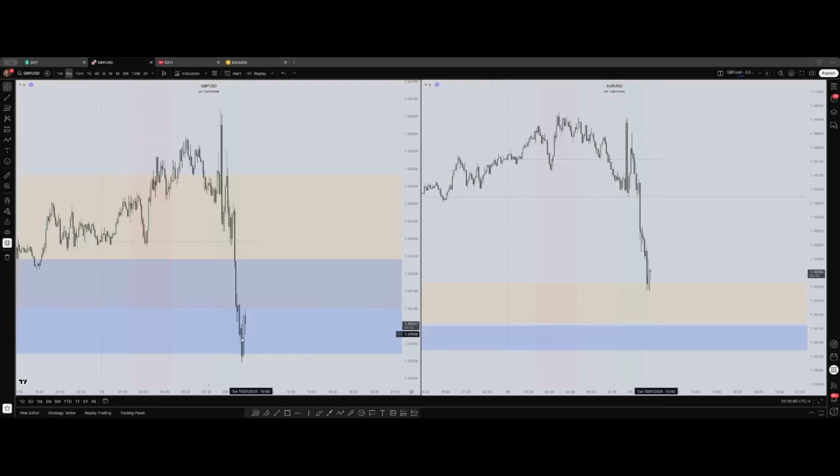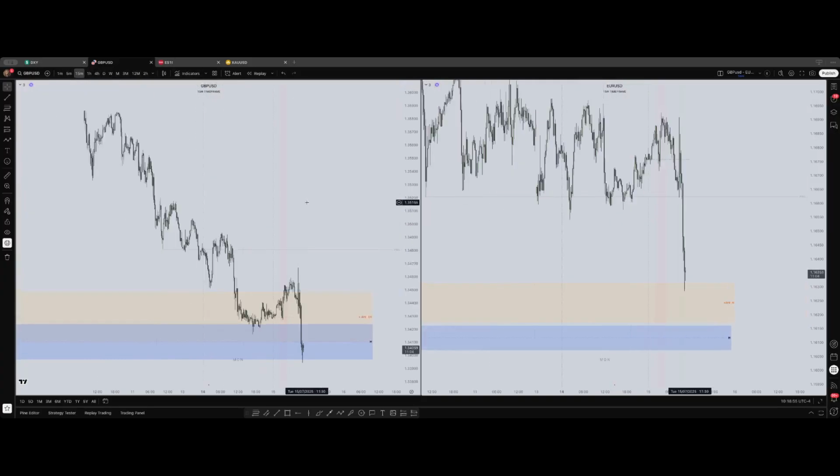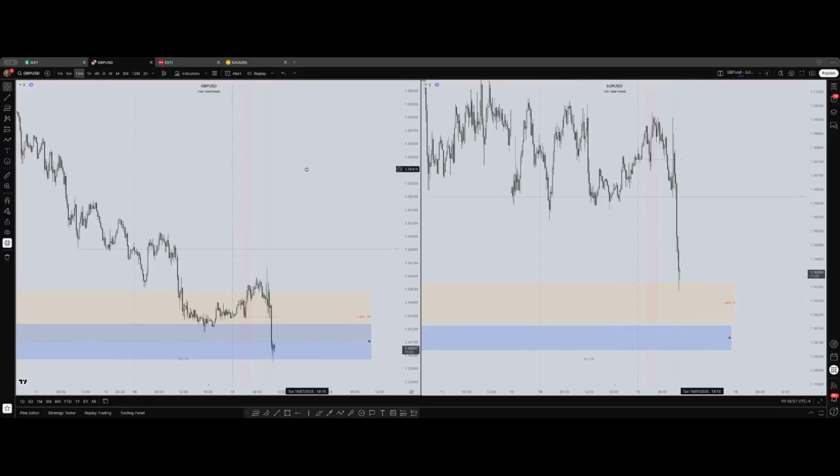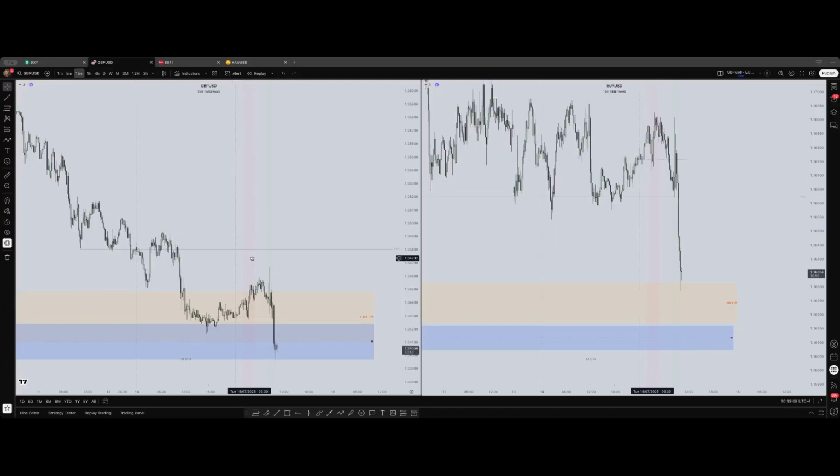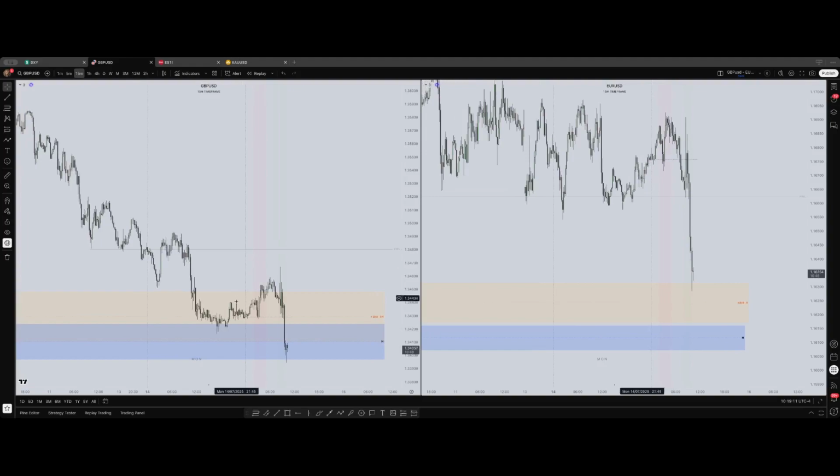I know the price is in a good position, but I don't have the confirmation. I think maybe a year or two ago, I would just go long here. Doesn't matter what happened, I would take a long. But now I know I need to wait for confirmation.